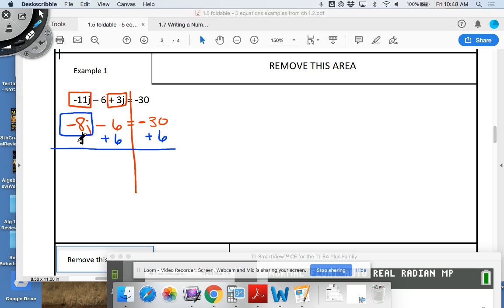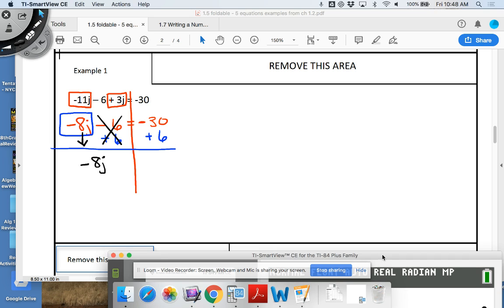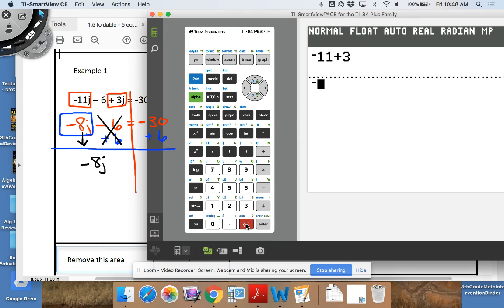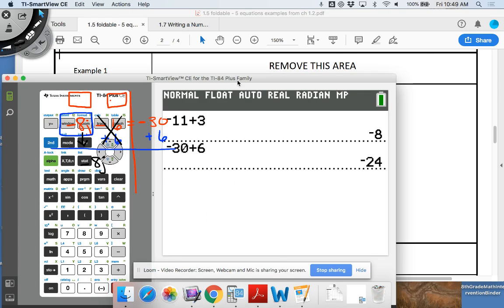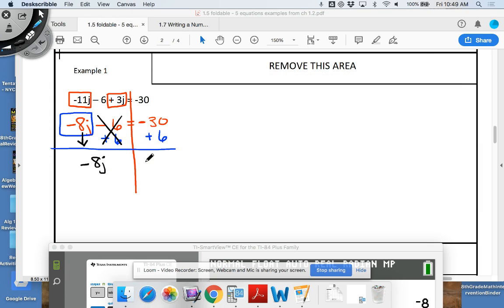Then I bring down the negative 8j, because we haven't done anything with that yet. I get to cross out the minus 6 and the plus 6, because those canceled out, and it's satisfying to cross those out. And then I have negative 30 plus 6. So in our calculator, we would type negative 30 plus 6, and we get negative 24.